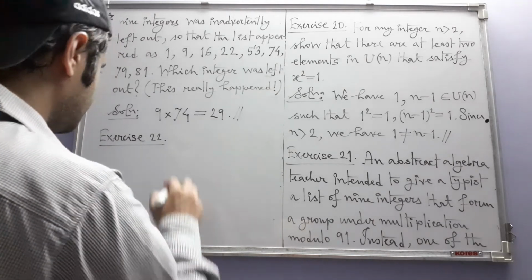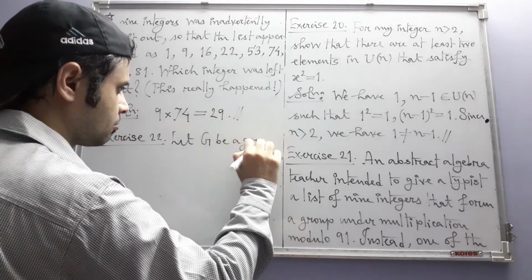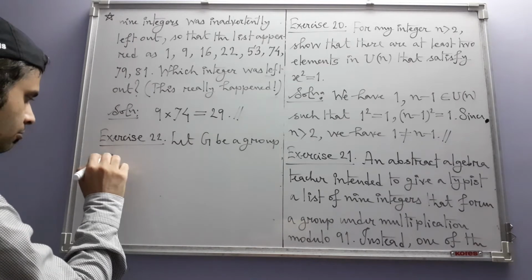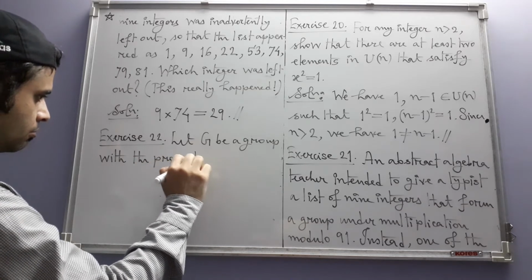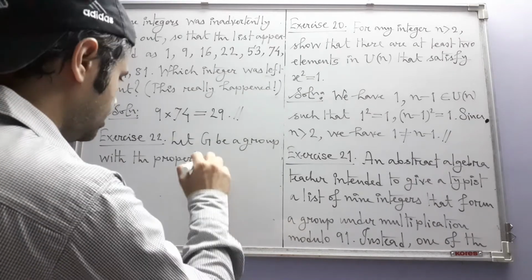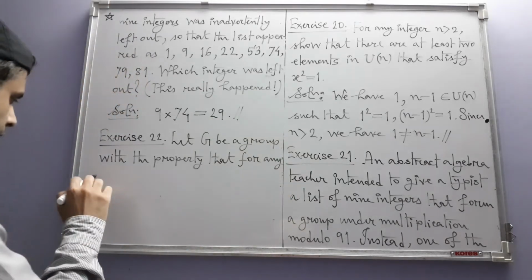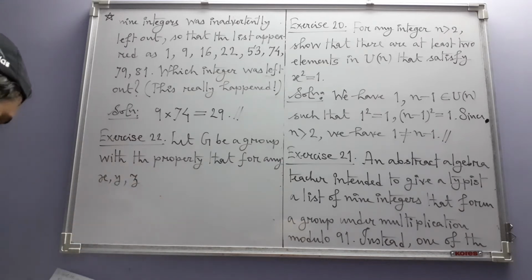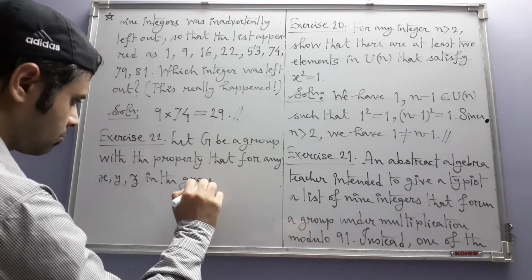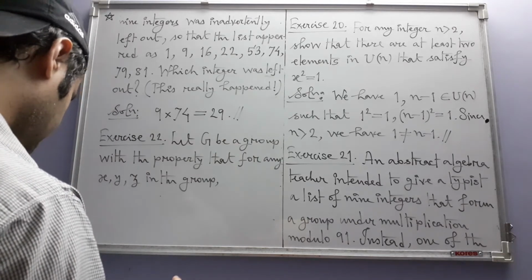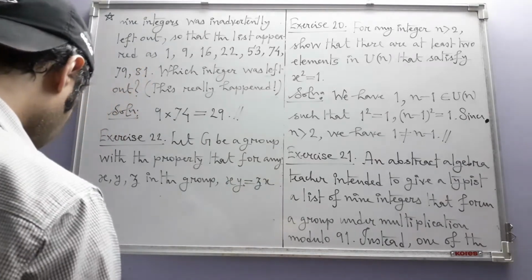Let G be a group with the property that for any elements x, y and z in the group, xy equal to zx implies y equal to z.